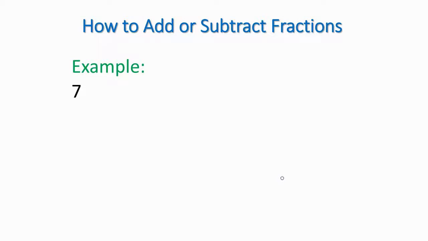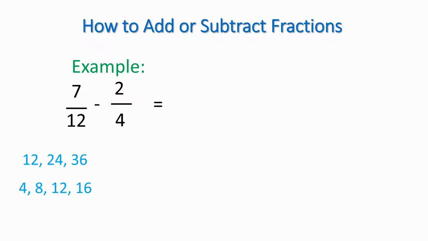Another example, so we're going to be subtracting this time. Both addition and subtraction have the same rules. You need to have a common denominator for the fractions. So 7/12 minus 2/4. You're going to find the multiples of 12 and 4 and find the first common multiple, and this is 12.